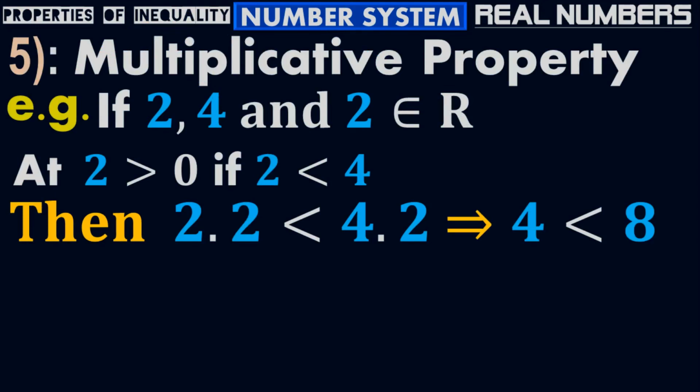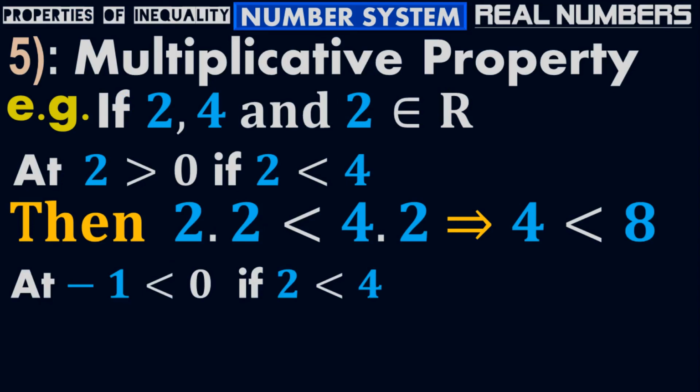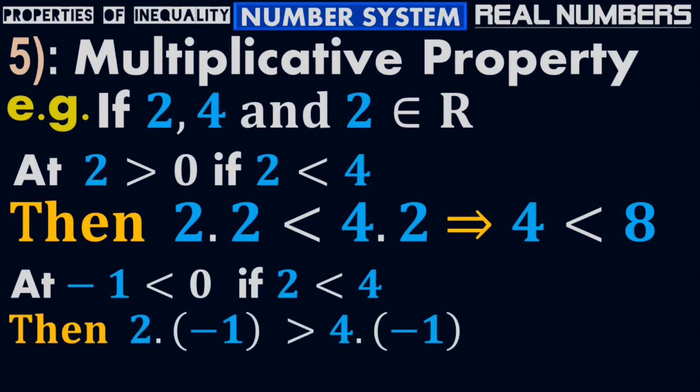In another situation where at -1, which is lesser than 0, if 2 is lesser than 4, then 2 times -1 is greater than 4 times -1, which implies that -2 is greater than -4. Because -1 is lesser than 0, so 2 times -1 is -2. 4 times -1 is -4. -2 is greater than -4.